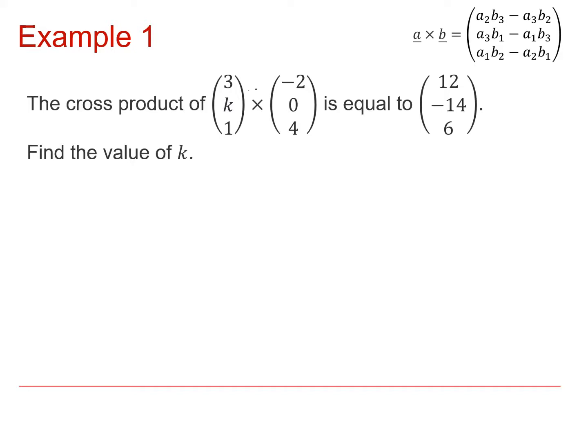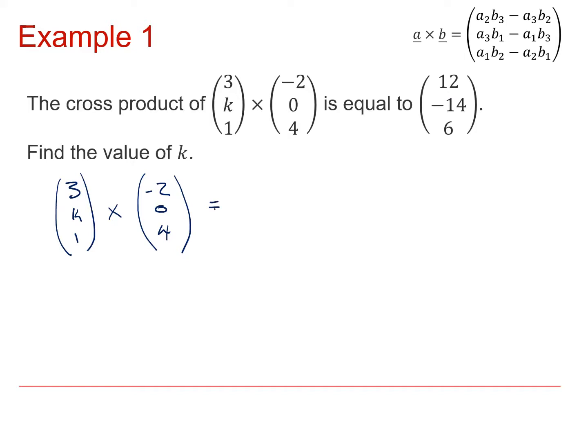So let's think about this example. I've got here a cross product which I'm told the result of, and I'm missing one of its components. So I've got 3, k, 1 cross minus 2, 0, 4, and I'm told that that's equal to 12, minus 14, 6.